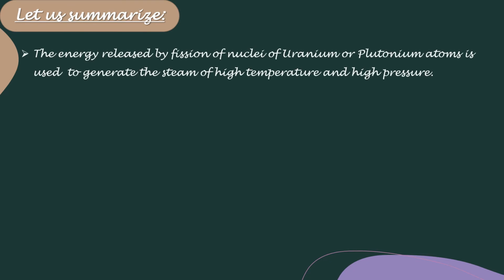So students, this was the end of module 2. Now let us summarize what we have learned. So we learned that the energy released by fission of nuclei of uranium or plutonium atoms is used to generate the steam of high temperature and high pressure.